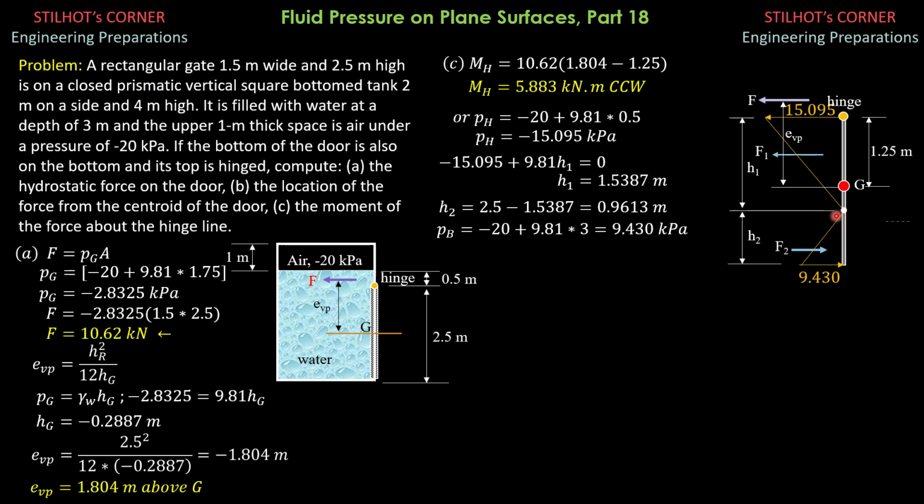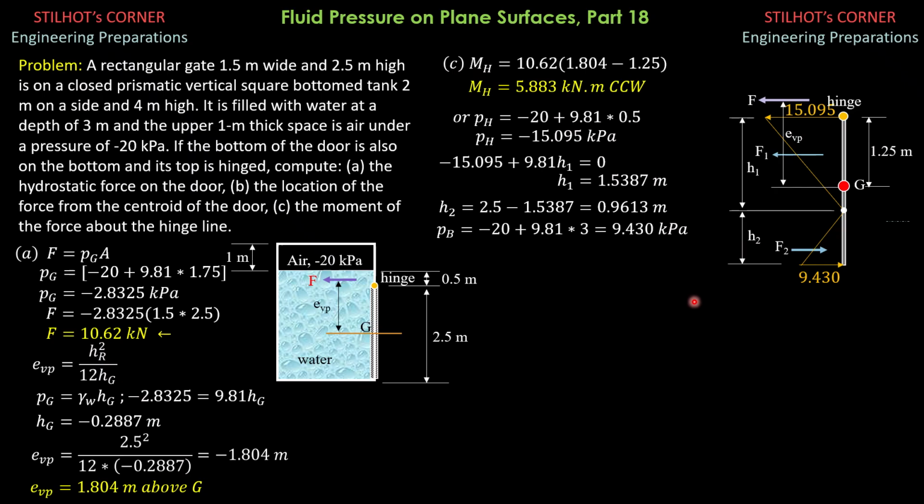So it is 0 plus 9.81 times 0.9613. Pressure here is 0, then we go down 9.81 times 0.9613, and you get the same value of 9.430 kilopascals.